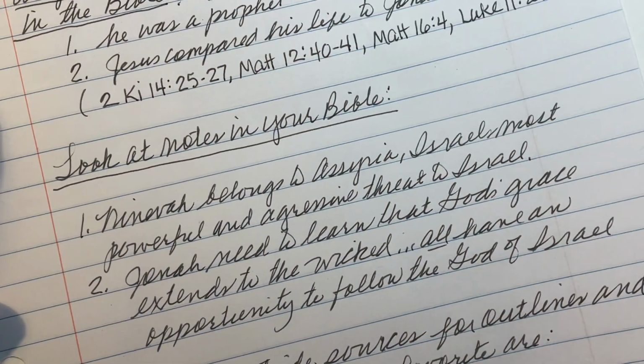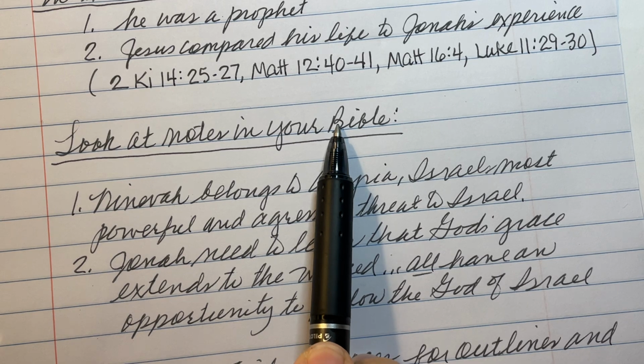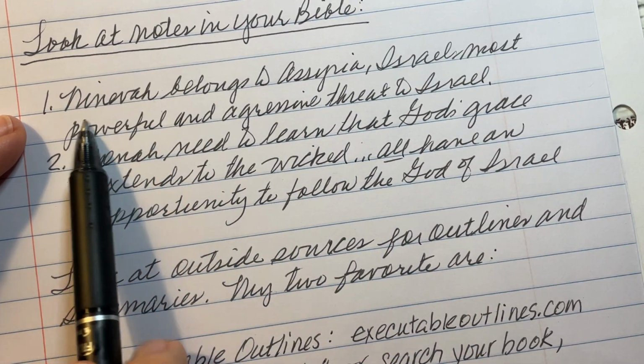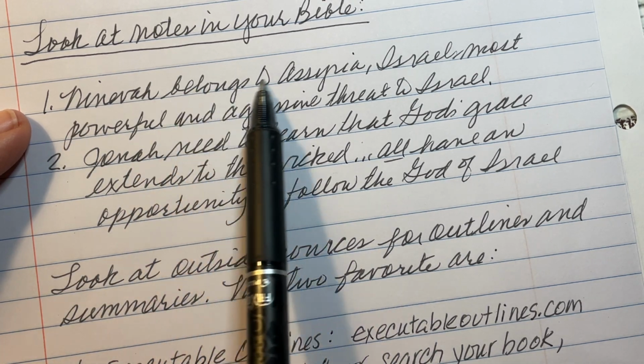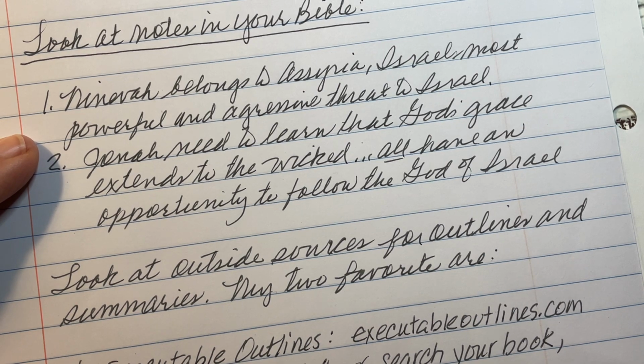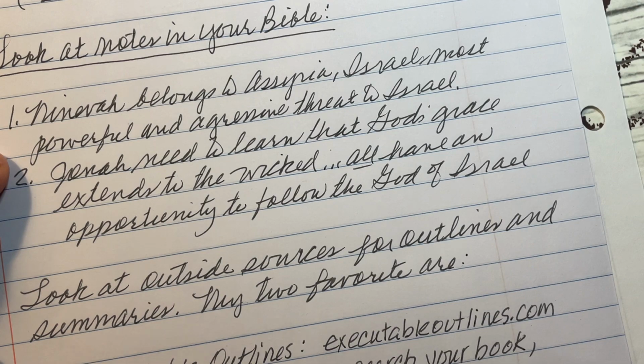Then the next thing you might want to do is look at the notes in your Bible, if your Bible has some extra notes. And what I did, I found out that Nineveh belongs to Assyria, Israel's most powerful and aggressive threat. And so that might be one reason that Jonah was hesitant, is because they were evil.